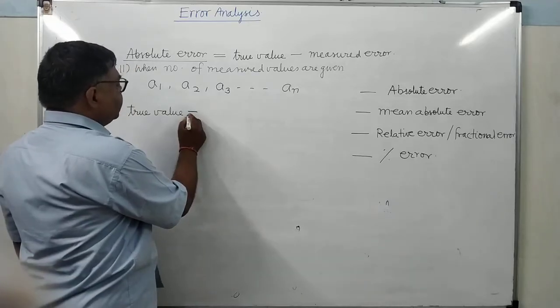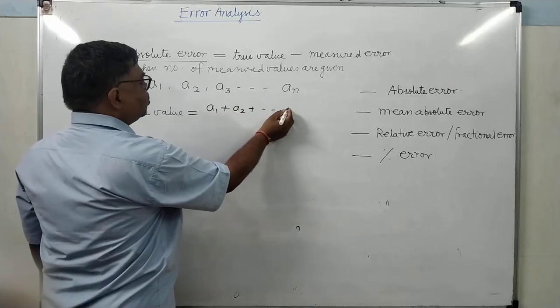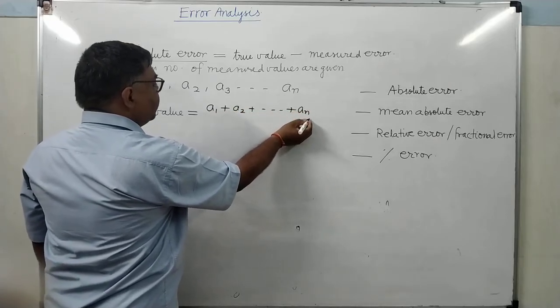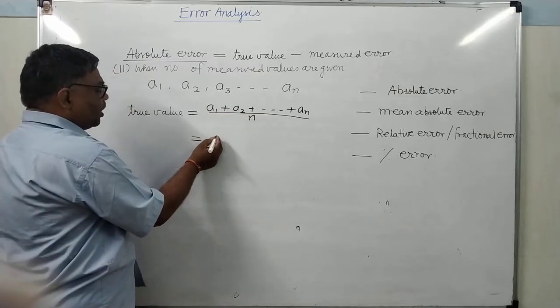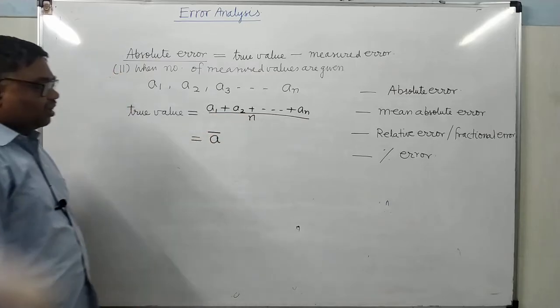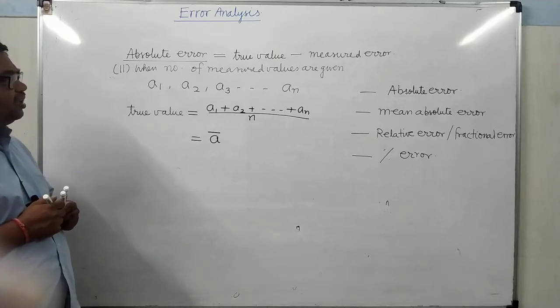Arithmetic mean will be A1 plus A2 plus and so on plus An, divided by n. Is it clear? And this we denote by the symbol A bar, with one line above the A. It is the true value.